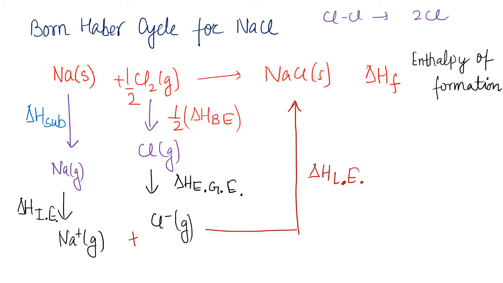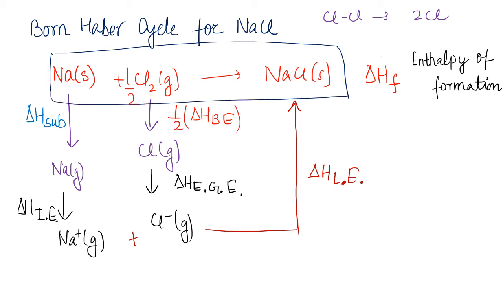So look at this. This is the direct process, and the enthalpy change is heat of formation. Now, we have so many steps here. Conversion of this, and then finally this.